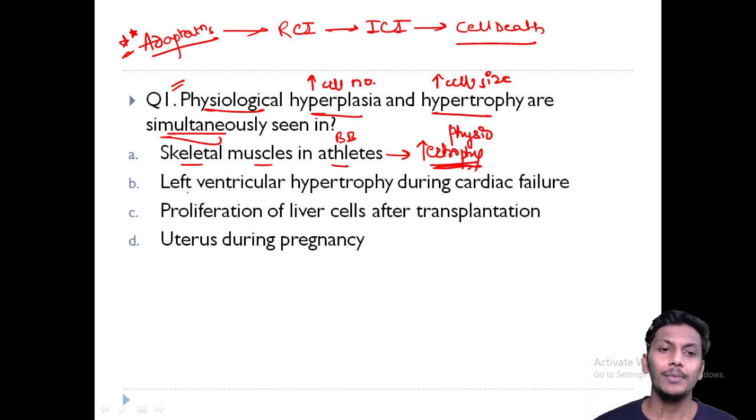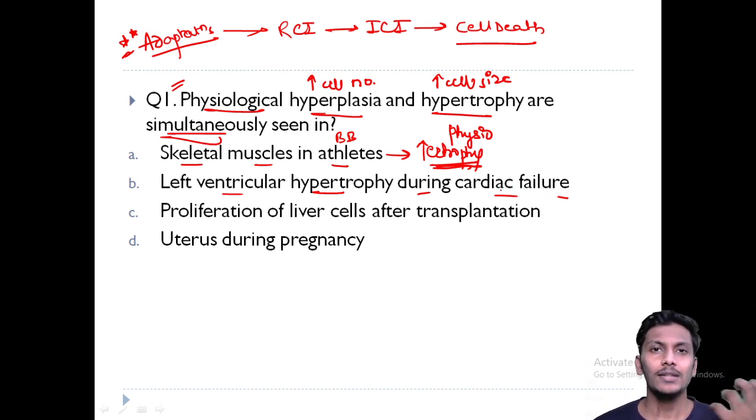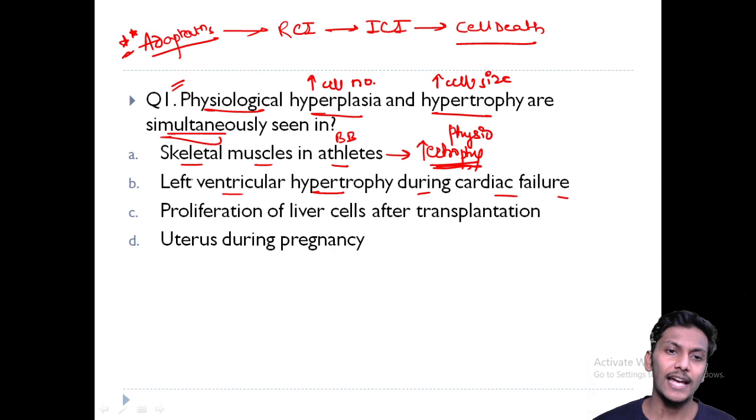Second one, option B, left ventricular hypertrophy during cardiac failure. After cardiac failure, what usually happens? The heart loses its function, or the muscles become unable to pump the blood. For compensation, the left ventricle gets hypertrophied.